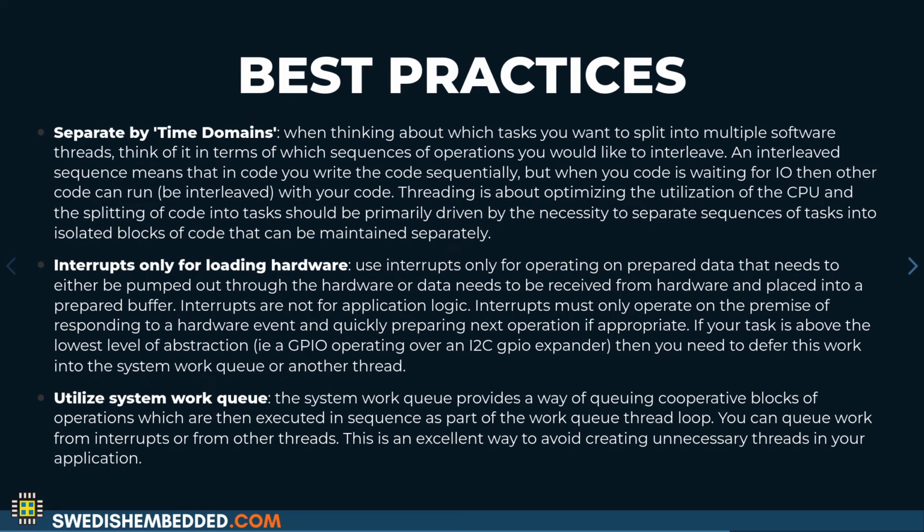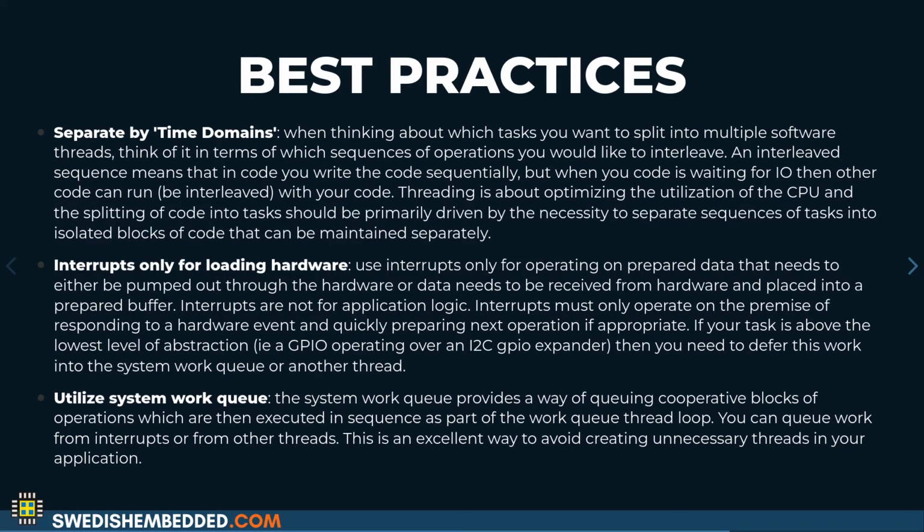One of the ways to identify those potential sequences for placing them into different threads is to think about, okay, you have this access to concurrent hardware, but you want to be able to execute those two sequences in parallel. And so that would be your two different threads. We're going to go into a little bit more detail later on exactly how to do this. But I think personally, time domain separation is a very intuitive way of thinking about how to separate things into threads.